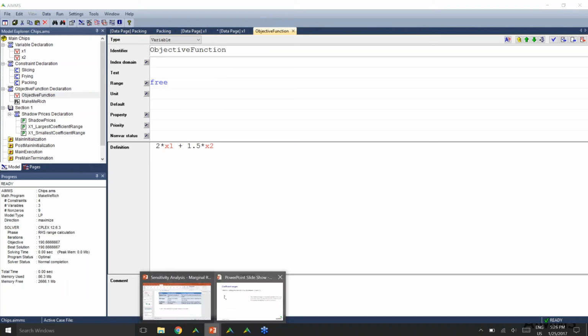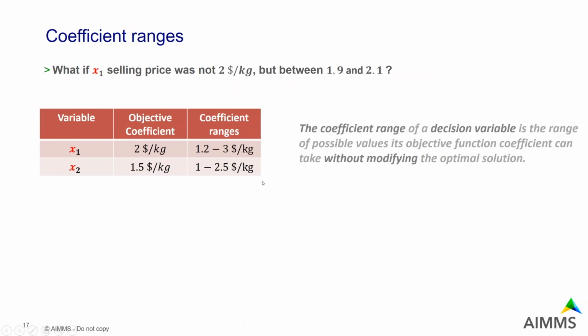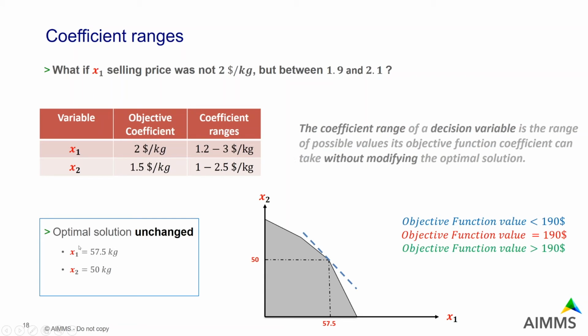Okay. So this is quite powerful in terms of knowledge, because then we would know that if we are changing our coefficient in this range, we won't change the optimal solution, which means that we won't change here the value of x1 and x2.